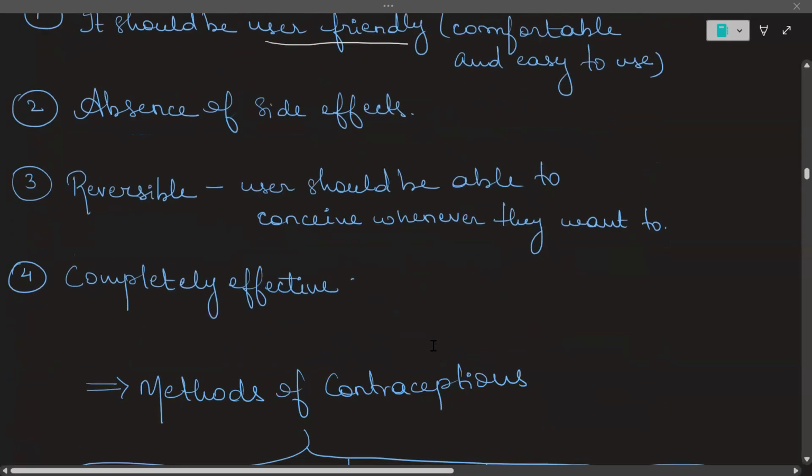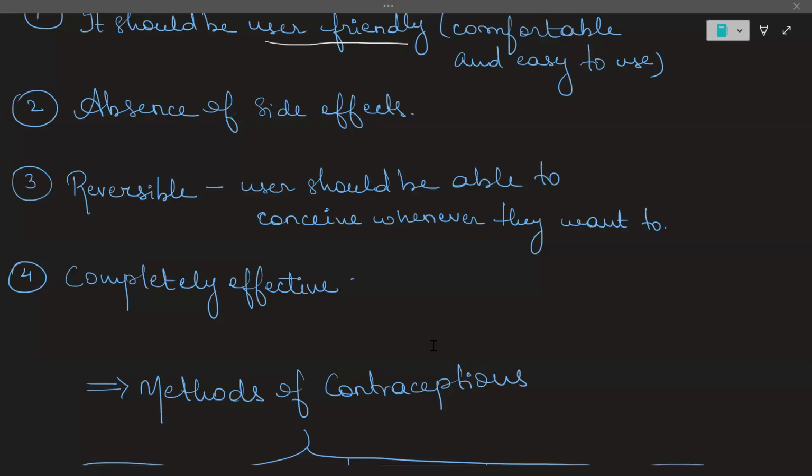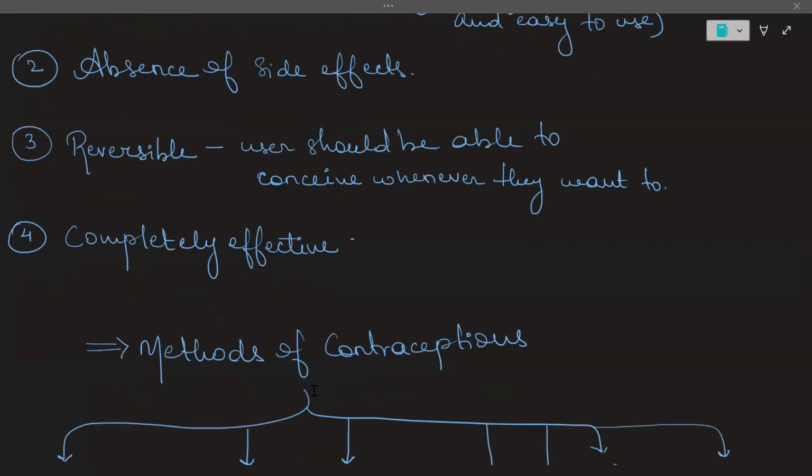Apart from that, it should be reversible, so that a couple that wants to have a kid maybe later on can have a kid, because the contraceptive they were using was reversible. And it should be effective, meaning it should do what it is supposed to do.